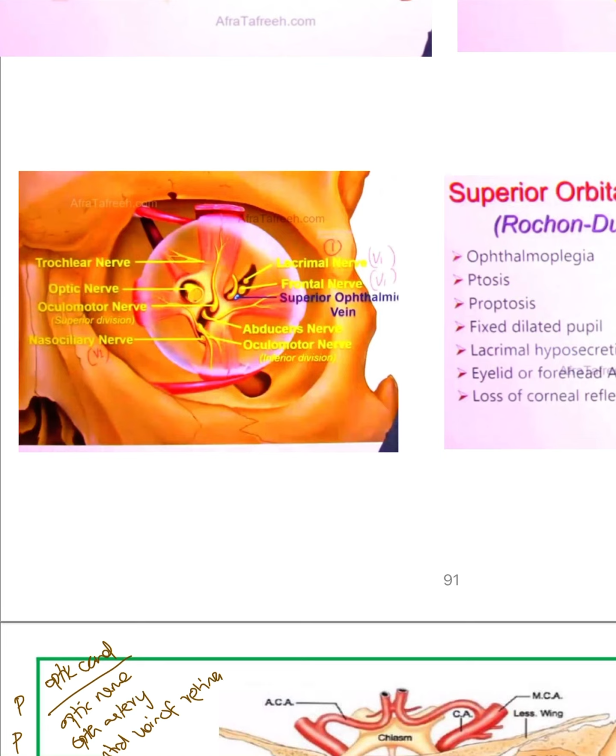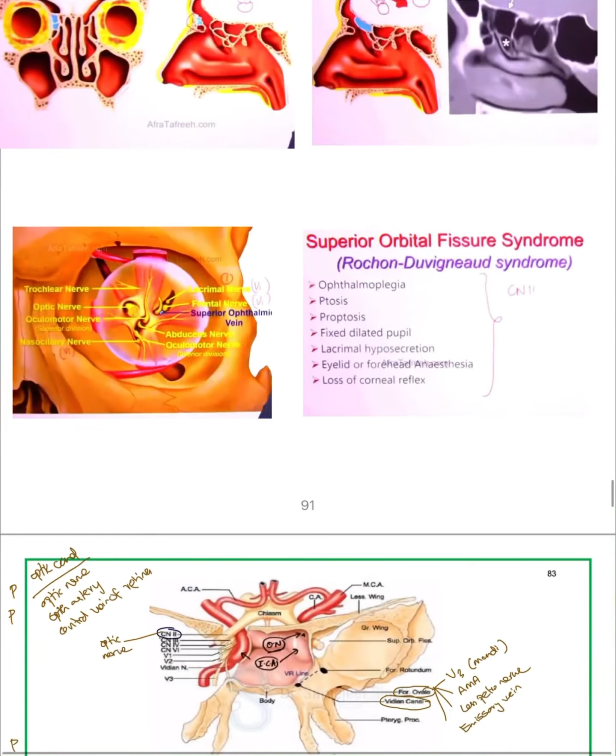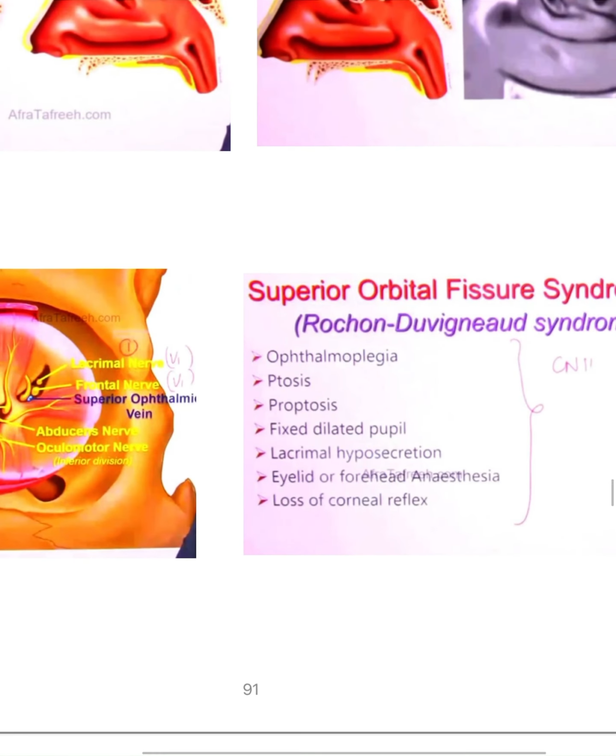Except the optic nerve, everything will get affected. So it causes conditions like ophthalmoplegia, proptosis, fixed dilated pupil, lacrimal hyposecretion, eyelid ptosis, forehead anesthesia, then loss of corneal reflex.